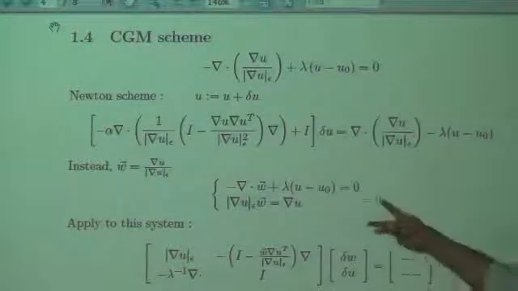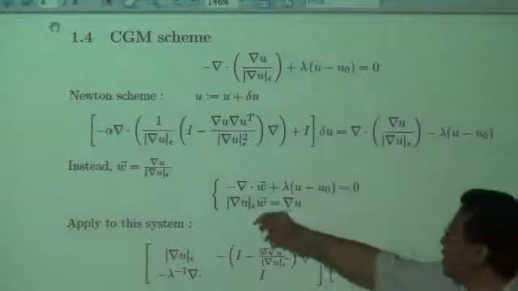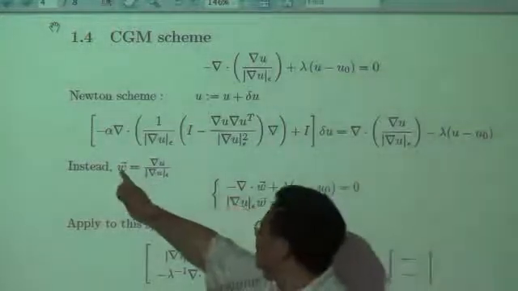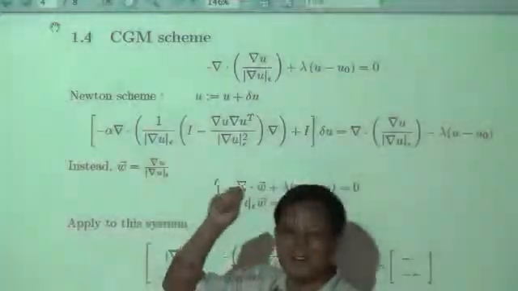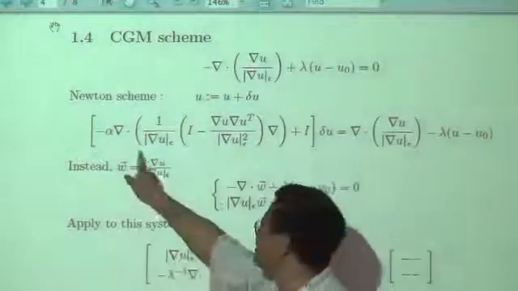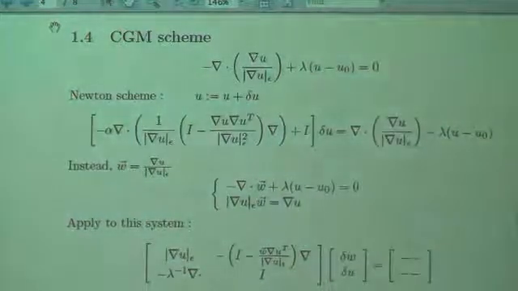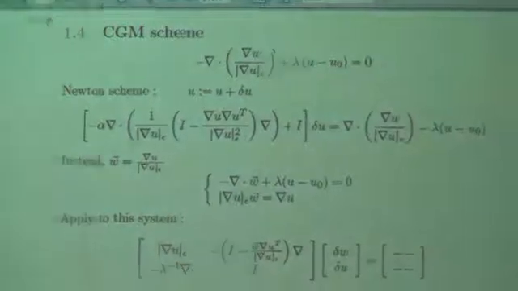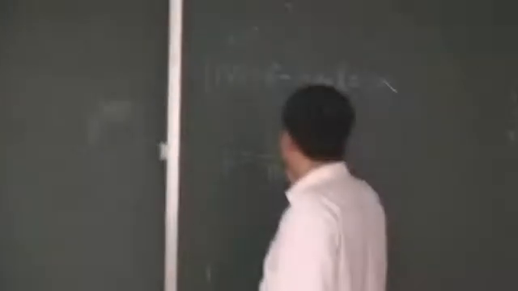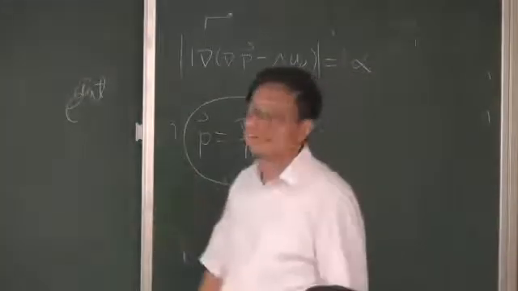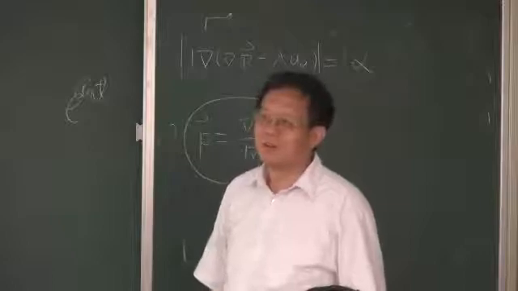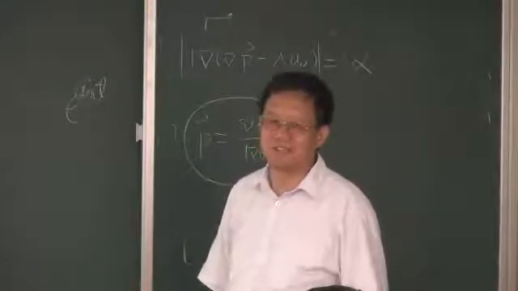But in some sense, you see that the P in Chambolle's method is exactly also this vector. In Chambolle's method, P is also equal to gradient U divided by its norm. Why?